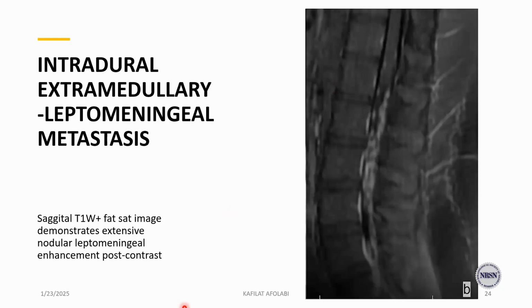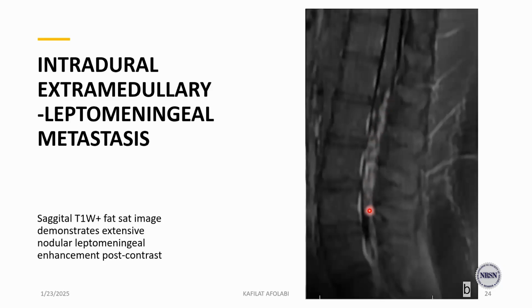The next group I'm going to talk about is still intradural extramedullary, but the malignant differential, which is leptomeningeal metastasis. So on my radiological left here, I have a sagittal T1 weighted fat-saturated image plus contrast. The leptomeninges are tightly adherent to the cord. So usually when there's leptomeningeal metastasis, we see nodular enhancement intimately related to the cord, as is demonstrated here.